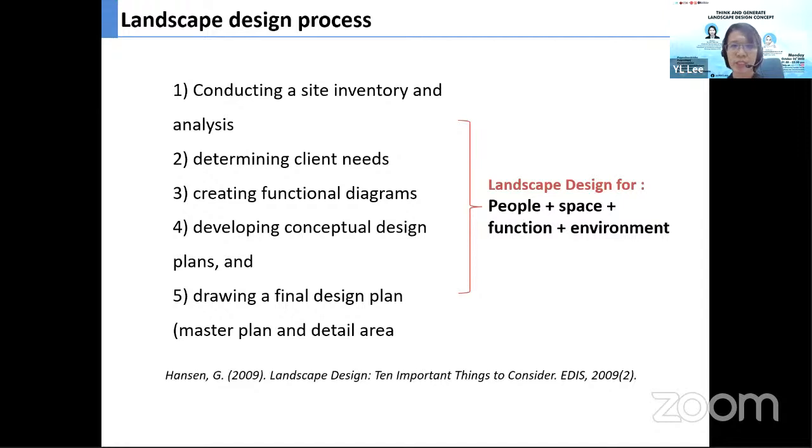So when you do a design, these are like a checklist. You have to ask yourself, does your design cater to these requirements? It's simple. When you focus on design, just think about whether your design fits people, space, function, and environment. Okay, I will move to the next.